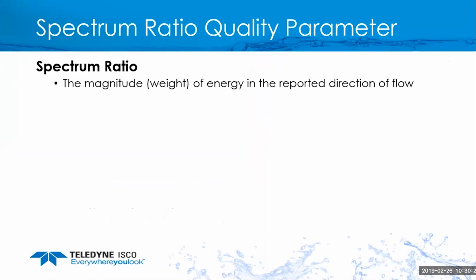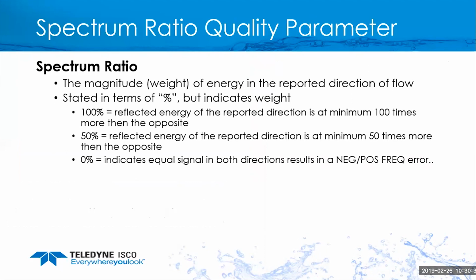Now the spectrum ratio is another diagnostic tool we can use. The spectrum ratio is the magnitude or the weight of the energy in the reported direction of flow. Before I mentioned that 100% is too good to be true, with the exception of the spectrum ratio.